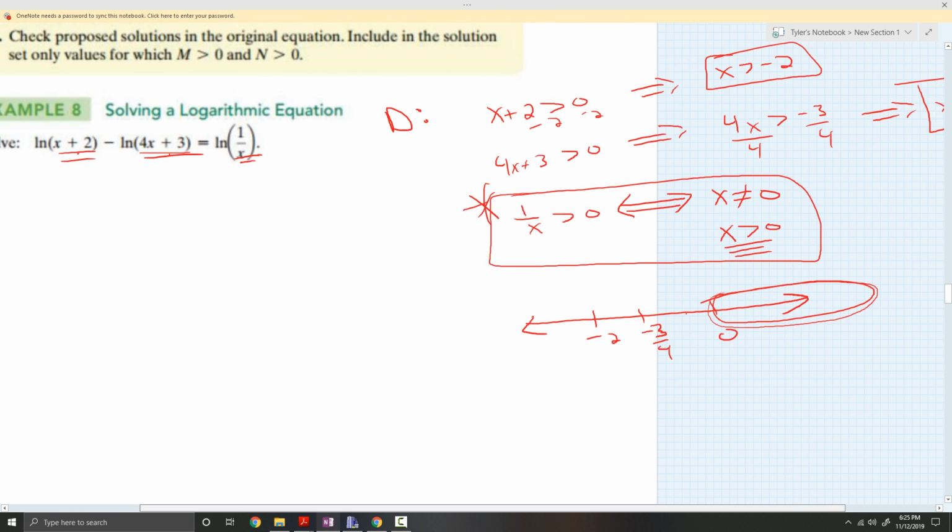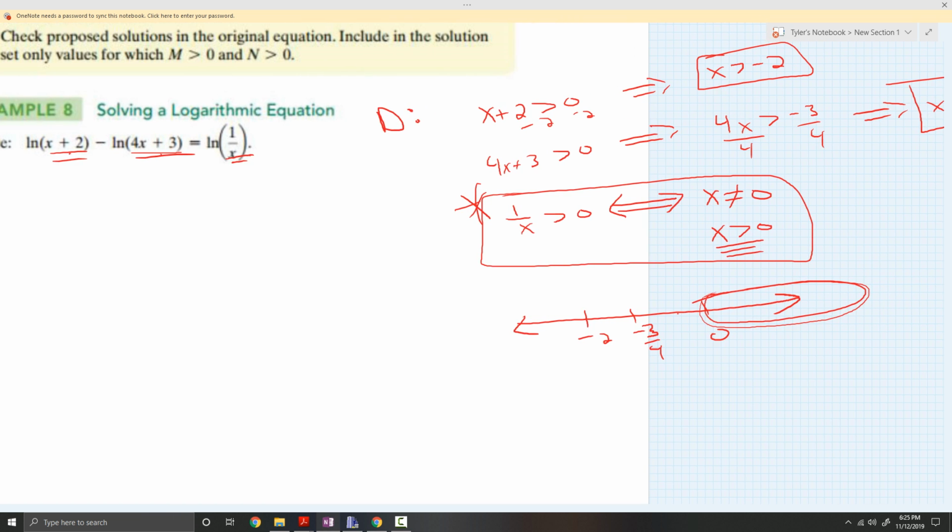If that's not 100% clear, let's say I pick a number greater than -2, like -1. If I plug that into here, that would be the natural log of 1 over -1, which is the natural log of -1, which is undefined. We can't find that, because the argument must be greater than 0.